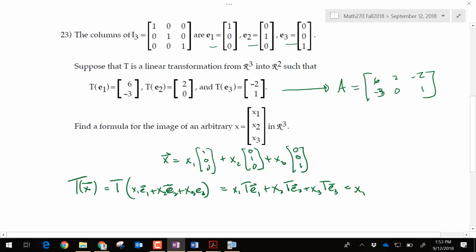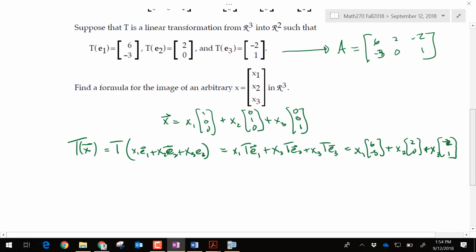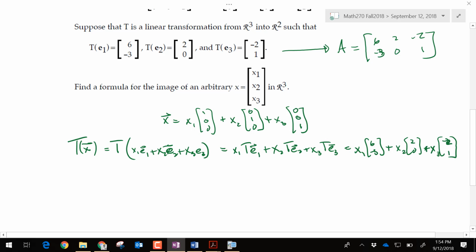TE1 is 6, negative 3. TE2 is 2, 0. And then all of these are multiplied by the scalars x1, x2, and x3. And the last one is x3 times negative 2, 1. So just put them all together. I essentially have a 3 by 1 matrix.